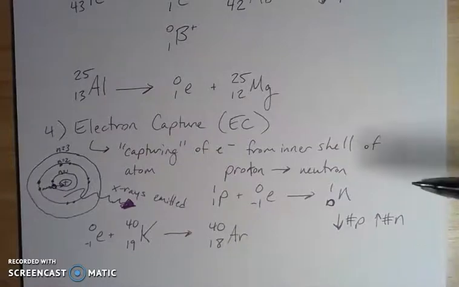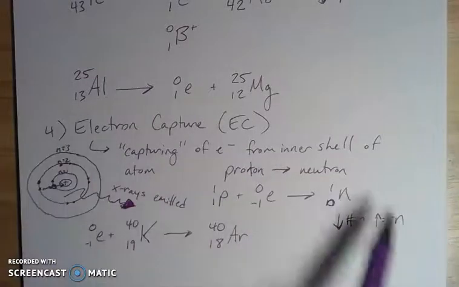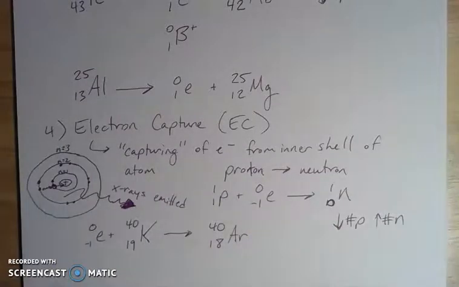In one of them, they're sucking an electron in, and in the other one, they're spitting a positively charged electron out. And when electron capture occurs, X-rays are also emitted, which can be very dangerous, of course. Okay, so that's positron emission and electron capture. There are two other ways that have the same kind of functionality to get to a more stable nucleus and a more stable configuration.